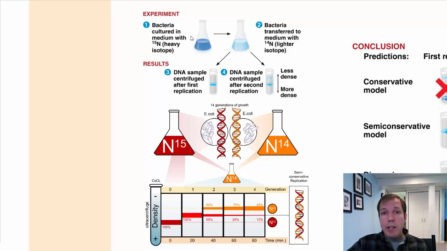Then, those bacteria with the heavy isotope would be put into a medium with the lighter isotope. Then, they would allow the bacteria to grow and replicate, take samples of those bacteria, and put them in a centrifuge that would spin them in a very dense solution. Those that were more dense would be found further down in the centrifuge tube, and those that were less dense would rise to the top.